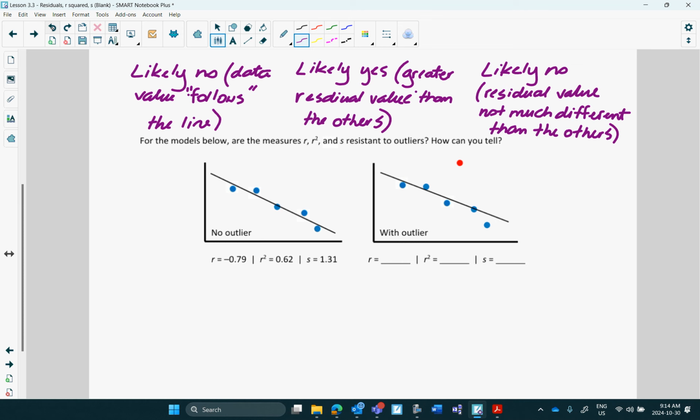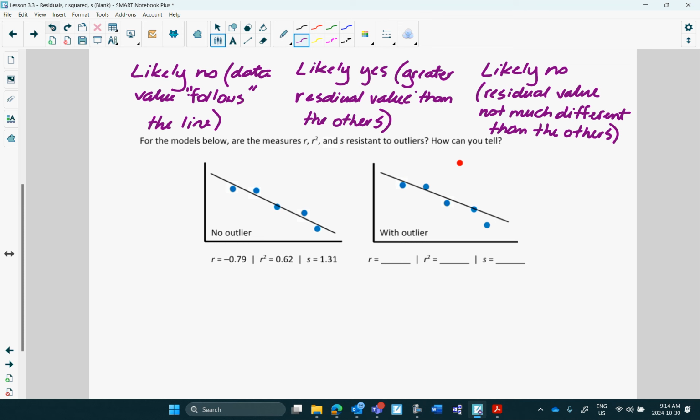So here we have a moderately strong negative relationship between the X value and the corresponding Y value, because R is negative 0.79.